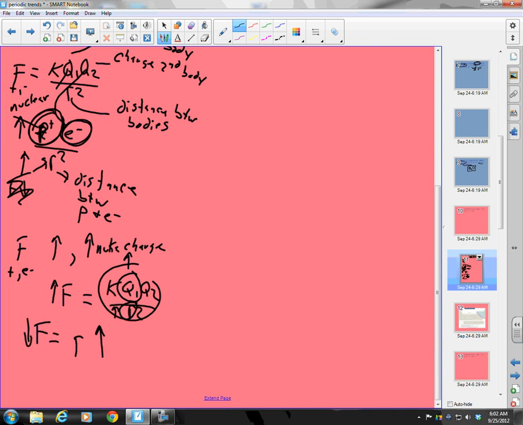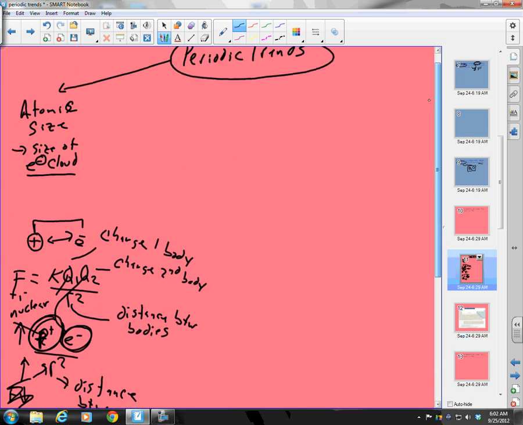So as my distance between my nucleus and my electron gets bigger, that force of attraction gets smaller. Okay, that kind of gives us a background of what's happening in my atom. Now, to the specific question, let me talk about what affects my size.